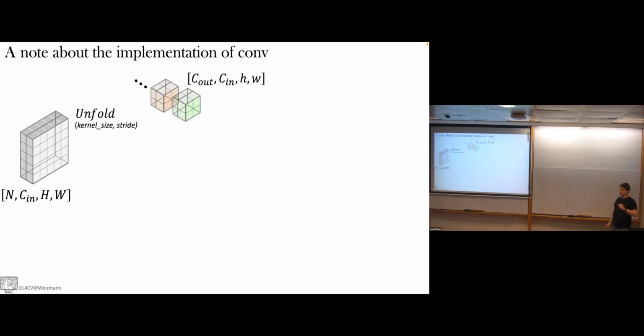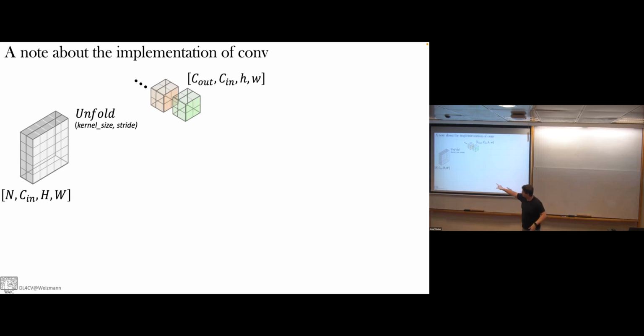Now we're going to use this operation called unfold. Okay, this is how it's called in PyTorch, and what unfold does is exactly what I said. It takes those patches that can overlap out of the image, out of the tensor, and flattens them.